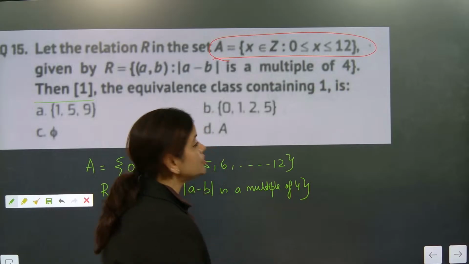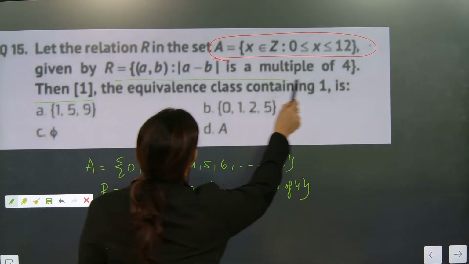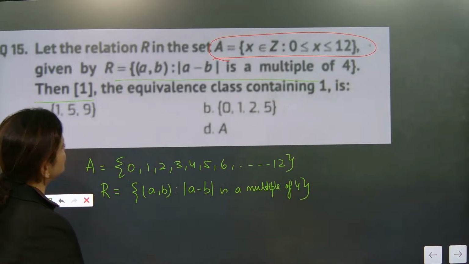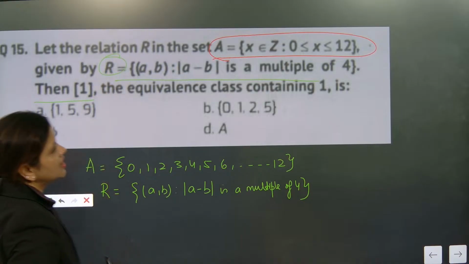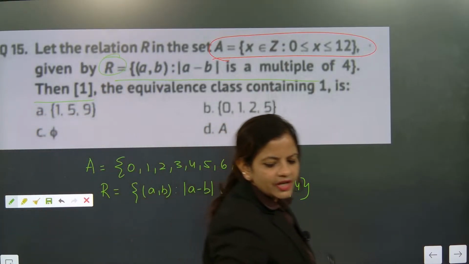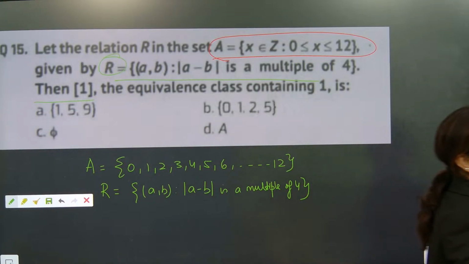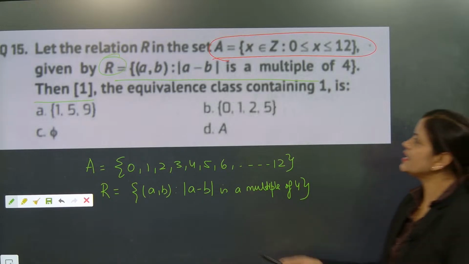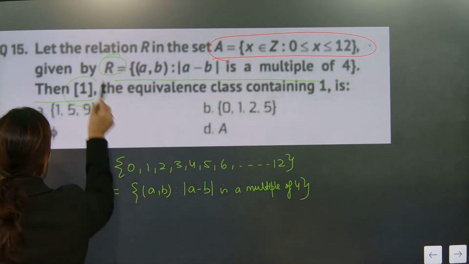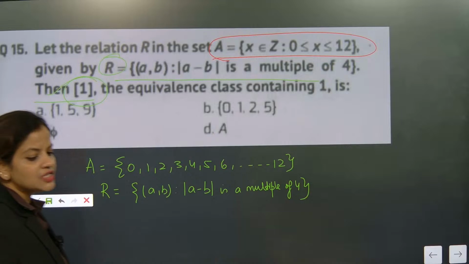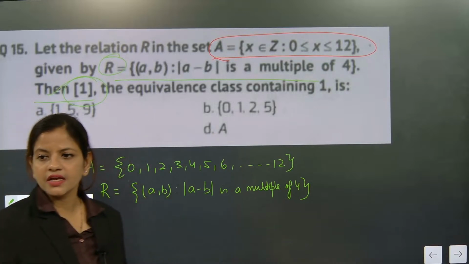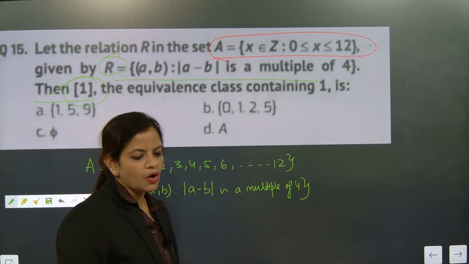So see, this situation is given to you, means it is equivalence. You don't have to do anything for that case. But what is the next part is, they are asking equivalence class. Equivalence class of 1.